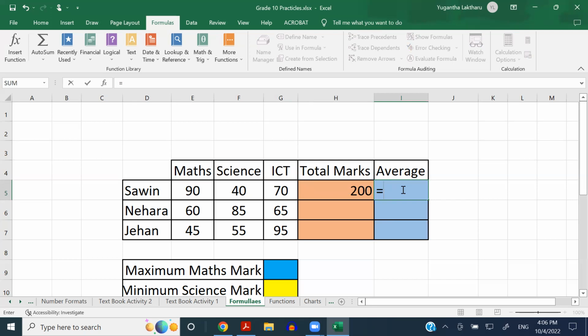Equals, yes, try it out, people. Equals, you can send the answer in the chat as well. Yes, what should it be? Equals, where we can find the total.